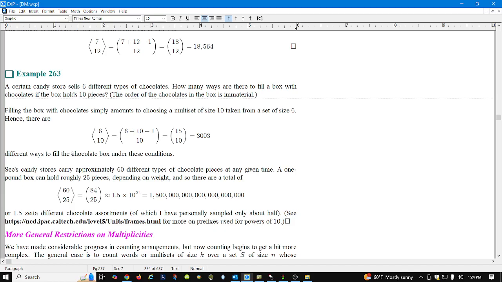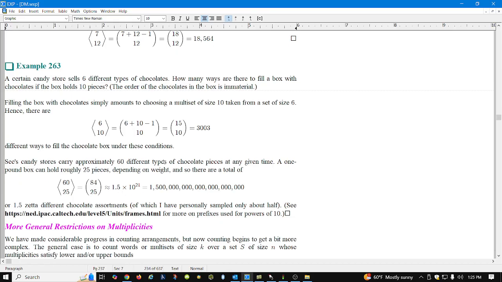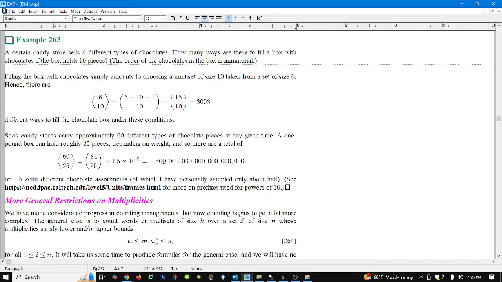Again, that depends on the size and weight of the pieces. So there are a total of 60 multi-choose 25, or 84 choose 25, which is 1.5 times 10 to the 21 power of different chocolate assortments. This is also 1.5 zetta different assortments.